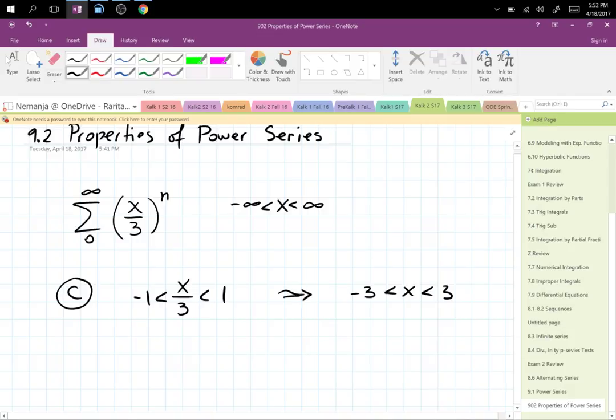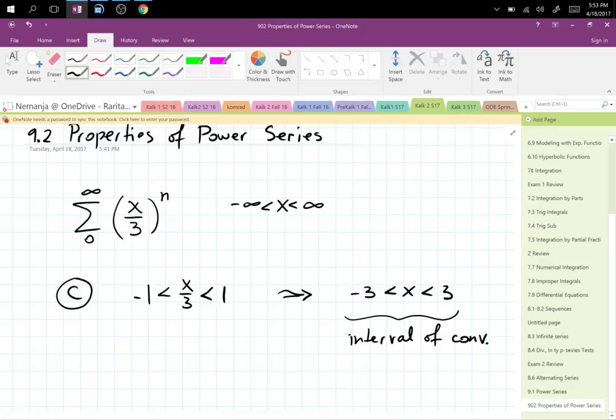So I can call this over here the interval of convergence.